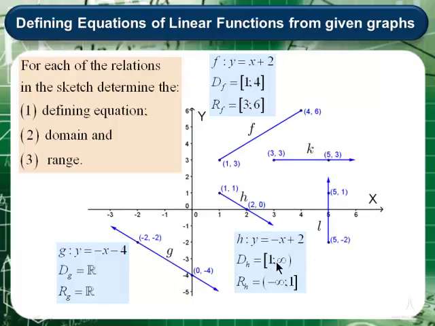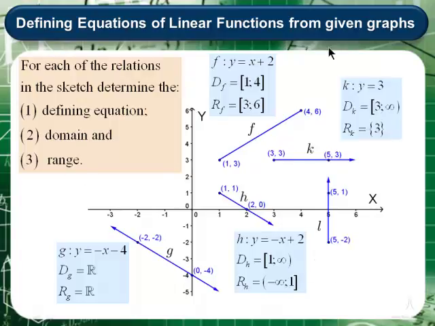Right, so that is the domain, while the range will start at 1, the y value, and it goes down. So it runs from minus infinity to 1. But remember, infinity and minus infinity are actually undefined, that's why we use a round bracket.